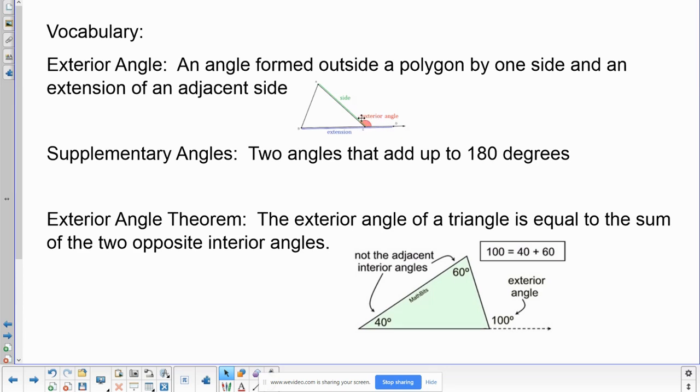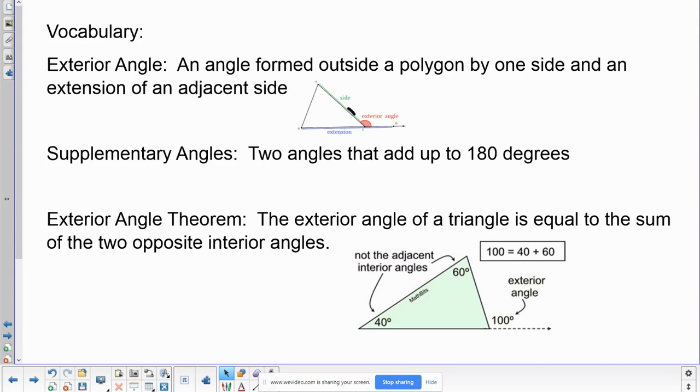And that red angle signifies that that is our exterior angle. Again, it is formed by a side and an extension of an adjacent side, and that is called an exterior angle, an angle on the outside of the triangle.